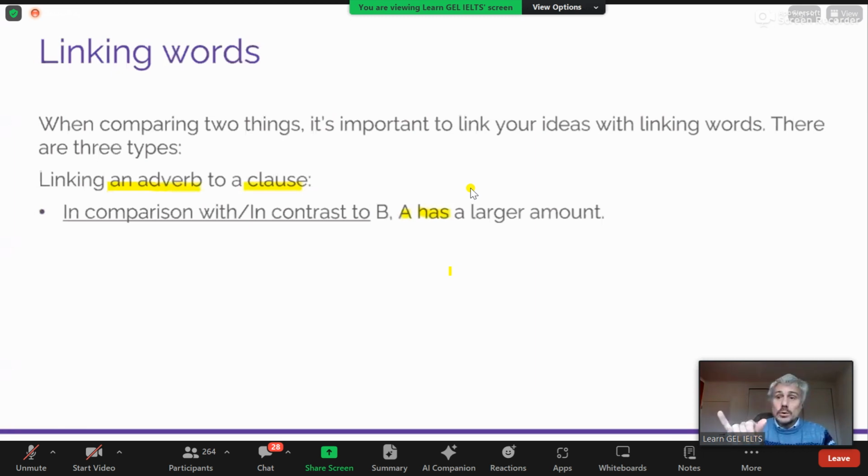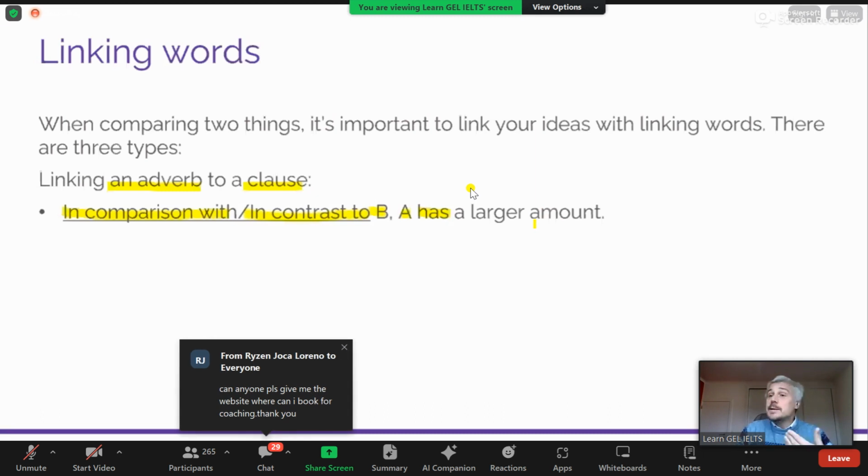This is a clause. The first part of the sentence is not a clause. There's no verb and no subject. This is just an adverb phrase. In comparison with B, A has a larger amount. In contrast to B, A has a larger amount. This is one way of linking adverbs to clauses.